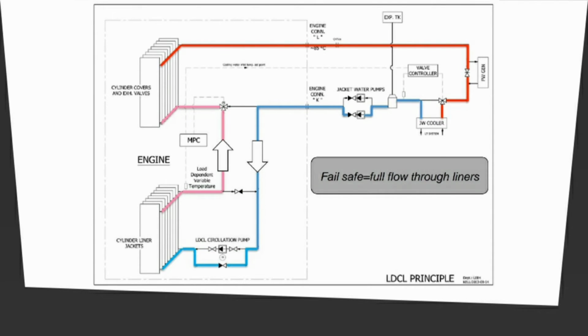In the next diagram, you can see that this system is fail-proof, and in case of any disturbances and the three-way valve is not functional, then the system can be bypassed and it operates as a regular engine.